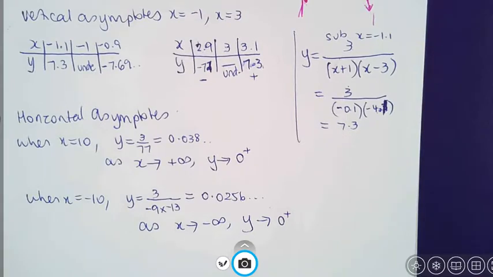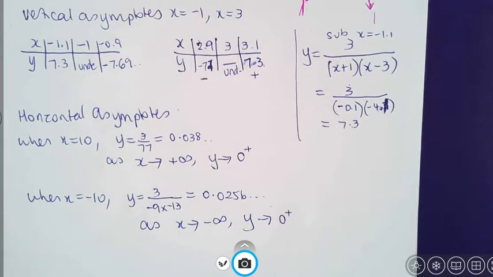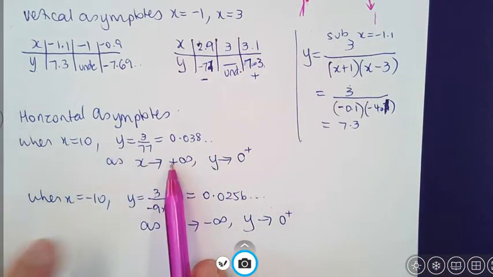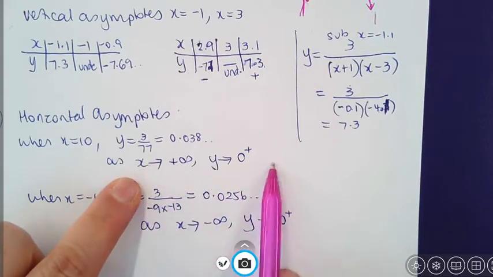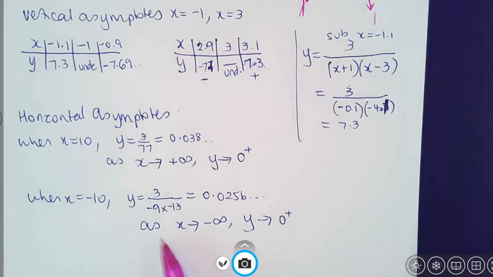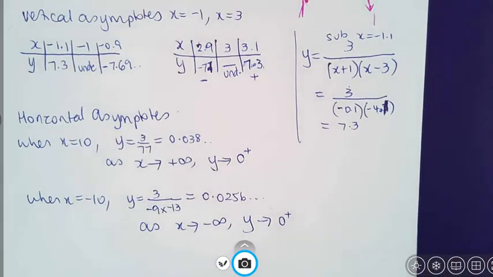So I'm going to go back up to my graph and fill the rest in. You'll be the substituting kings, queens, whatever. So when x is 10, in other words, as x gets bigger, make that little statement at the end. As x approaches positive infinity, y approaches 0 from above. As x approaches negative infinity, y approaches 0 from above. So I'm now going to put it on my graph.